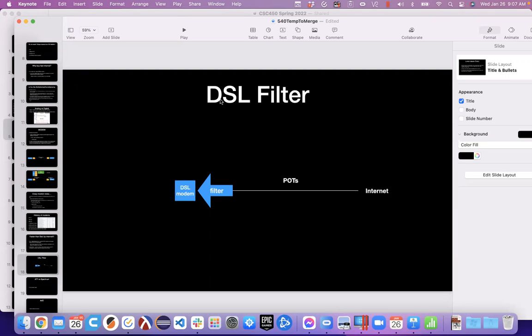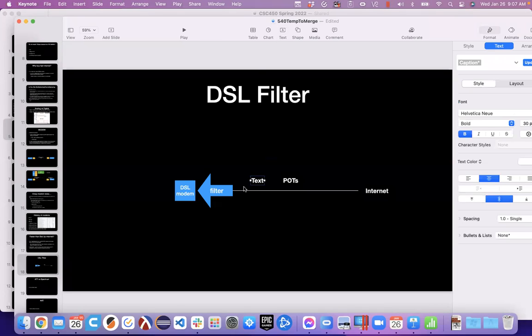Yep. So converting analog to digital and digital to analog. That was the purpose of a modem. DSL is a digital subscriber line. So with DSL, the signal sent over POTS was digital.